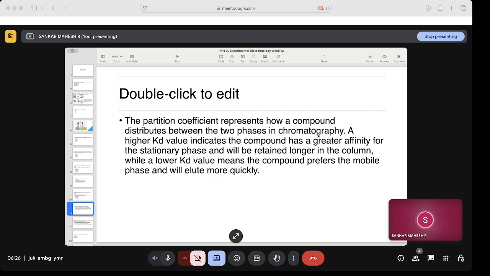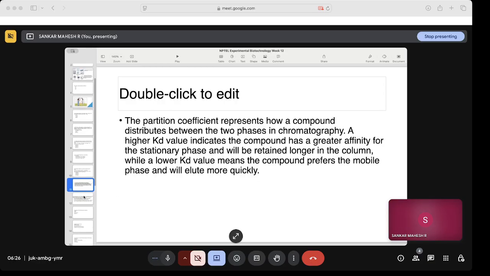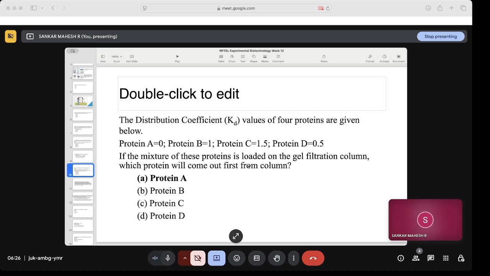This just tells you the typical textbook definition that the higher KD means it has greater affinity for stationary phase and it will be retained longer. And lower KD means the compound prefers the mobile phase and it will elute more quickly. But when we change the system from proteins to small molecules and partitioning between two different kinds of solvents instead of a stationary phase and a mobile phase, there it can be greater than 1.